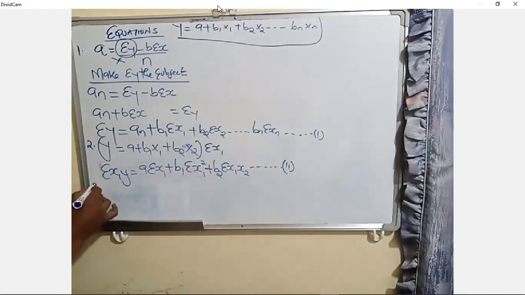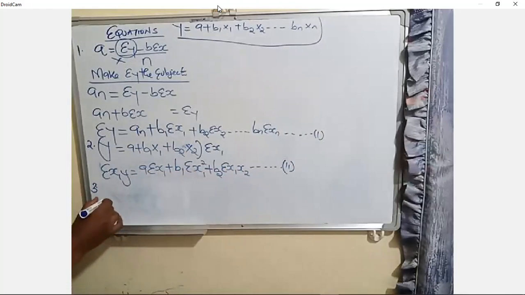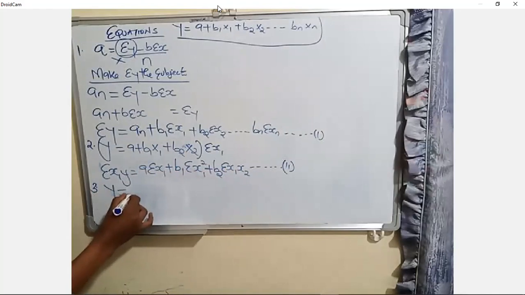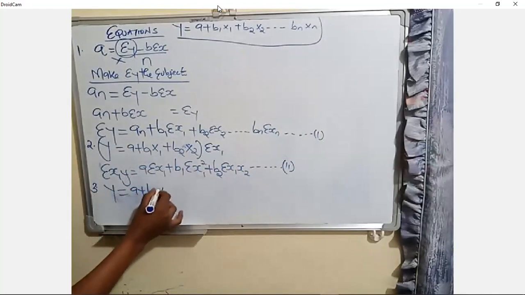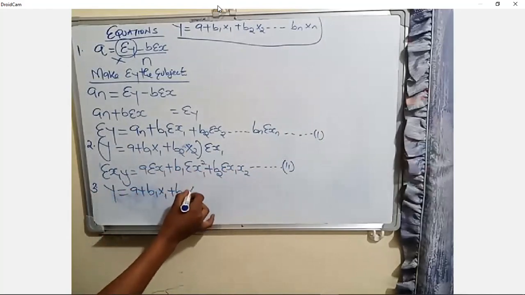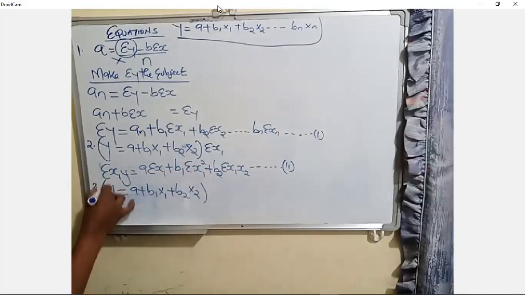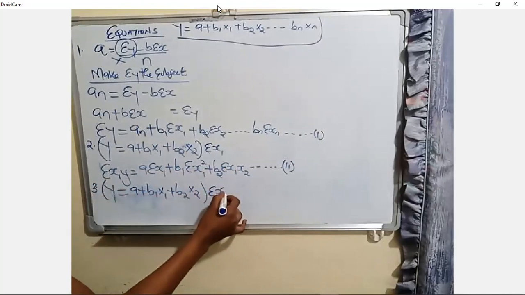Then for the last one, I also take my general equation, y equals A plus b1 x1 plus b2 x2. But this time, we multiply by summation of x2.